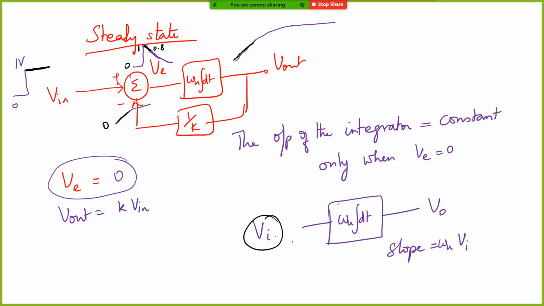Now your Vi has decreased, and therefore your slope decreases. It starts charging a little slowly, the error keeps decreasing, and therefore the slope also keeps decreasing. That is why it flattens out as you go ahead in time.